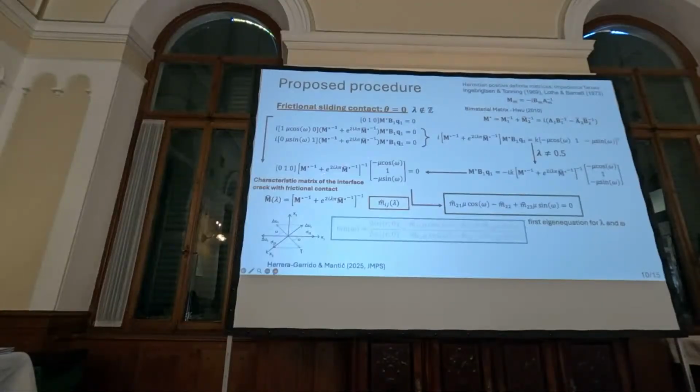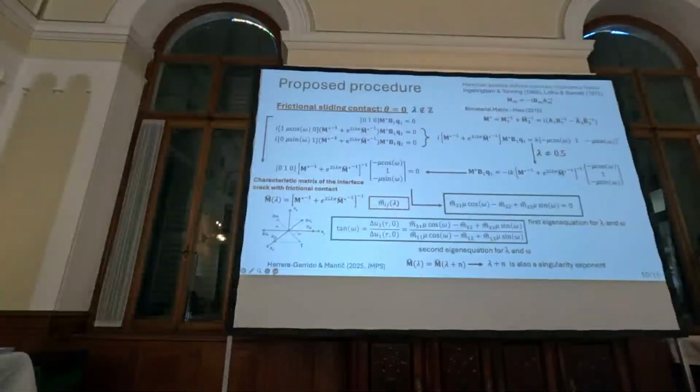If we apply the collinearity condition, proceeding in a similar way, we get this expression. This is the collinearity condition. And from this M hat matrix, we obtain this second eigenequation for lambda and omega.